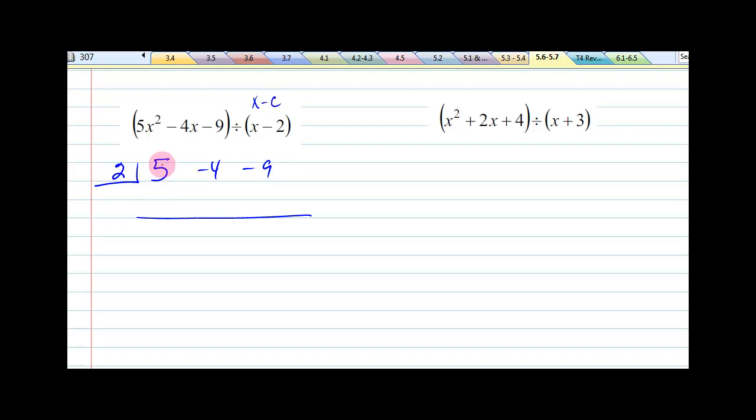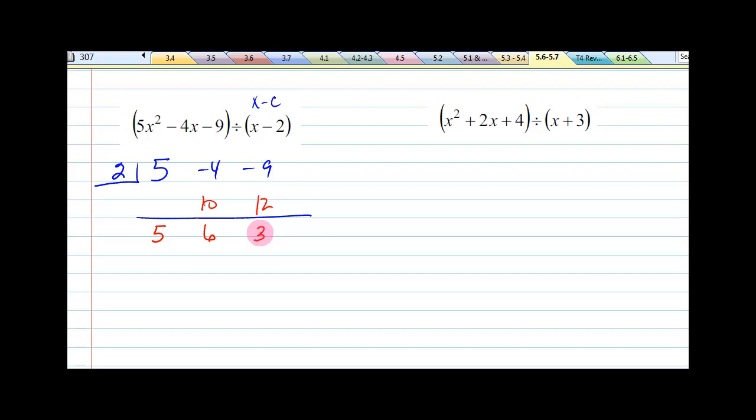I always start by bringing the first term straight down, and then I multiply. 2 times 5 is 10, and then I'm going to add straight down. Negative 4 plus 10 is 6. 2 times 6 is 12. Add straight down, I get 3. This last number here tells me that I have a remainder of 3.